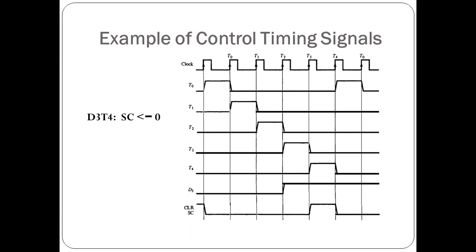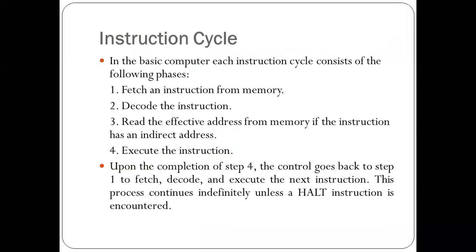See, what is the need of these timing sequences? Let us see with the help of the instruction cycle. In a basic computer, we know our set of instructions will be written in a program memory as per the stored program organization.